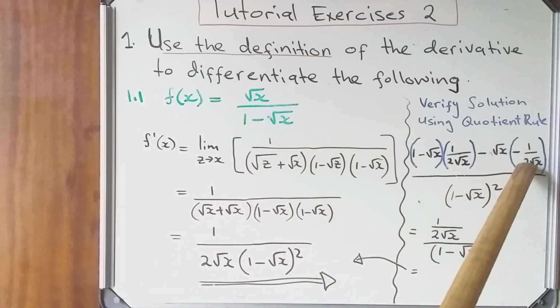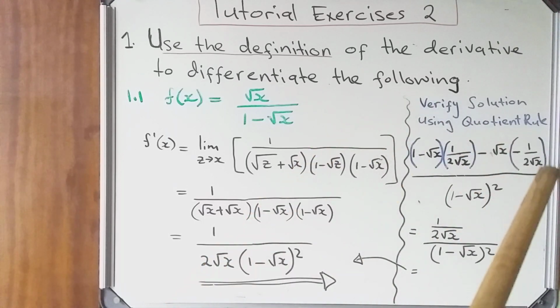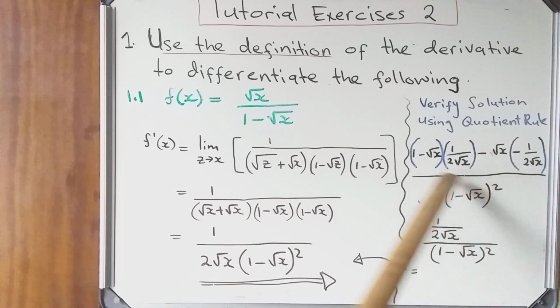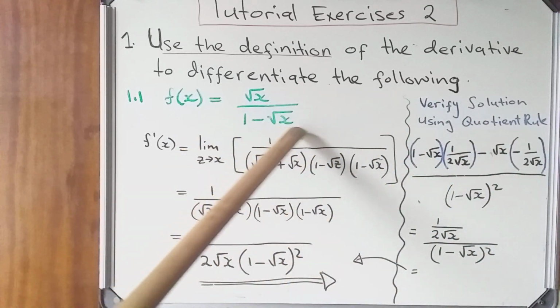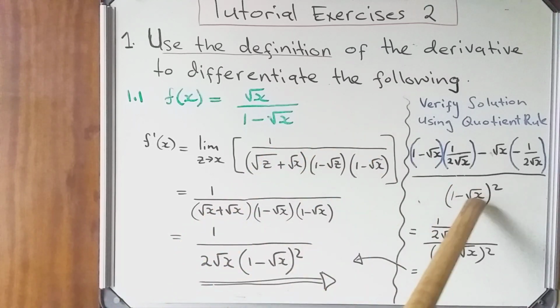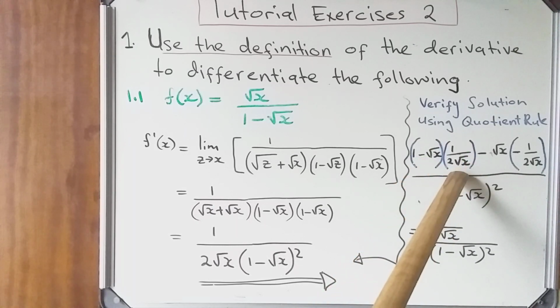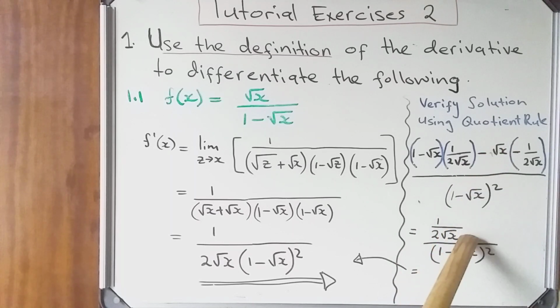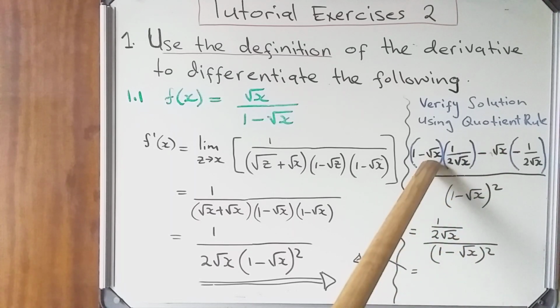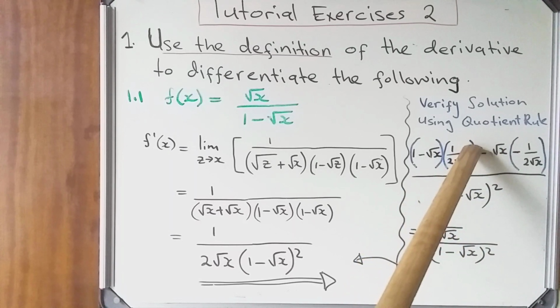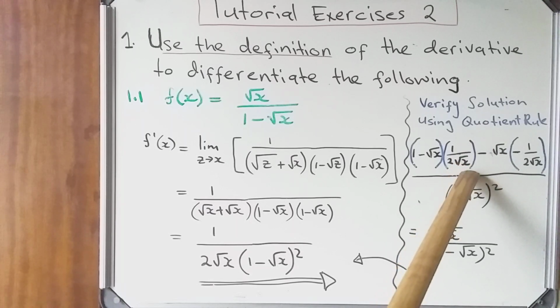So it will be negative 1 over 2 root of x. You divide everything over the denominator squared. So 1 multiplied by that will give you positive root of x, minus root of x over 2 root of x.